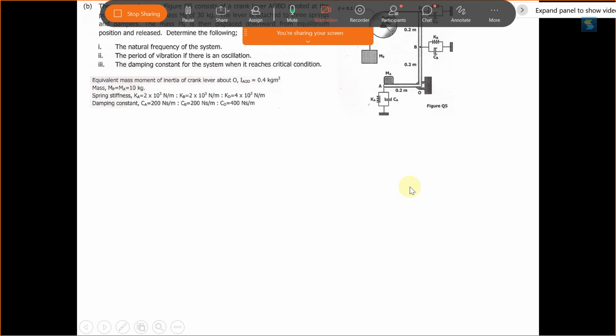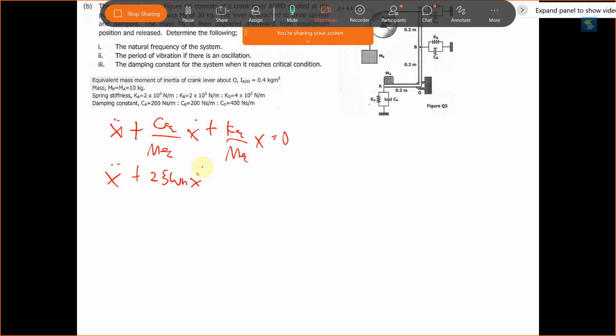So once we have M equivalent, then we transfer as usual using the equation. X double dot plus C equivalent over M equivalent X dot plus K equivalent over M equivalent X equals 0. Compared with X double dot plus 2 zeta omega n X dot plus omega n squared X equals 0.